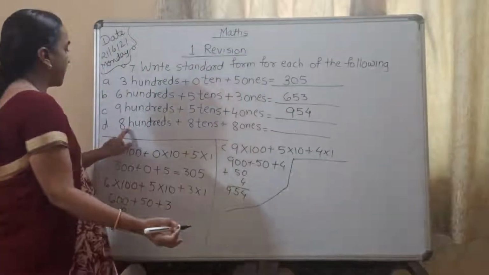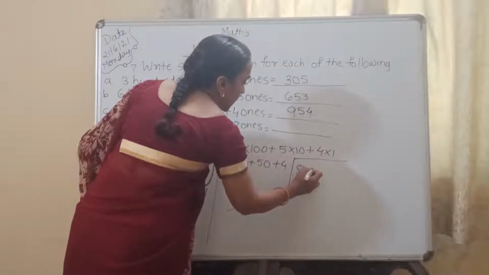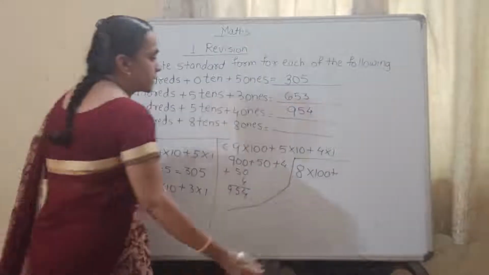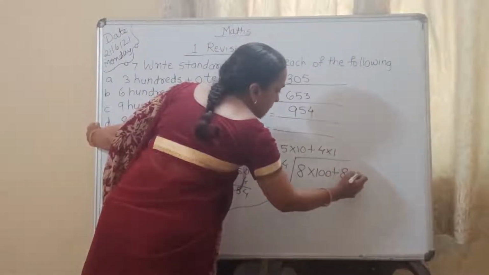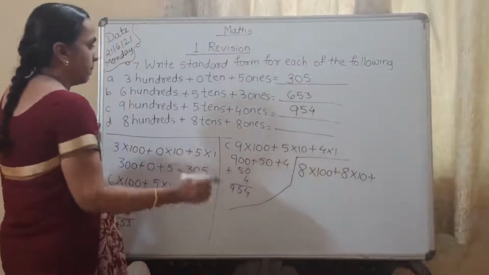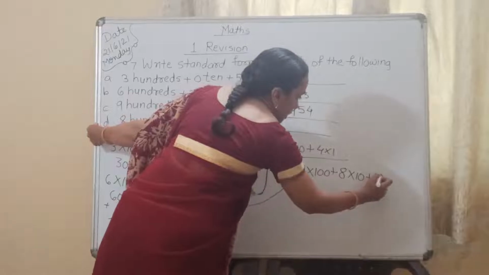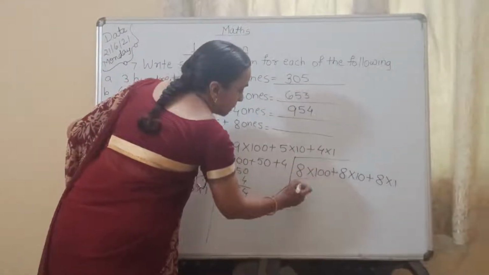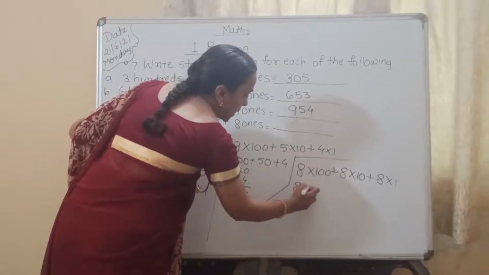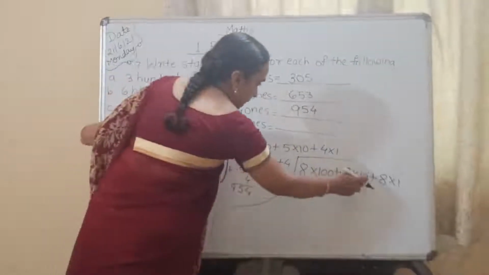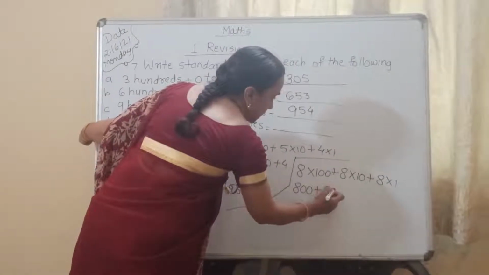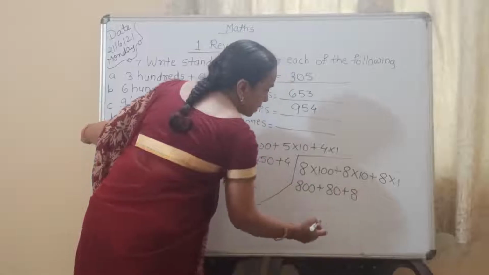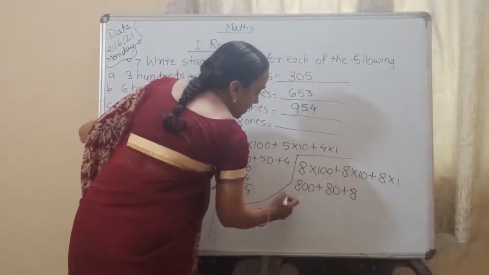Okay, now see D. What is given? 8 hundreds means 8 multiplied by 100, plus 8 tens. 8 tens means 8 multiplied by 10, plus 8 ones, 8 multiplied by 1. 100 multiplied by 8, 800, plus 10 multiplied by 8, 10 8s are 80, plus 8 multiplied by 1, 8. 800 plus 80 plus 8.